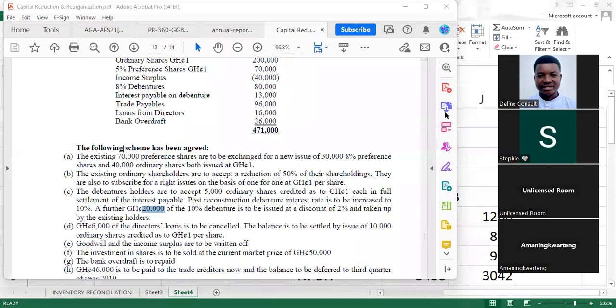Can you see the Excel sheet? Please, can you see the Excel sheet? No, the PDF is covering it. So you can't see, sorry. Someone says you can't see.